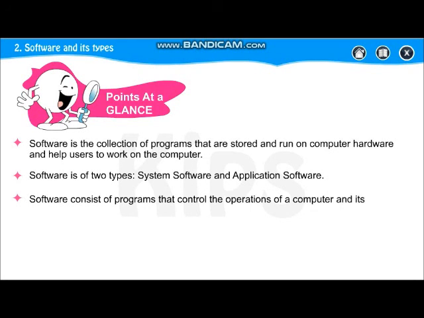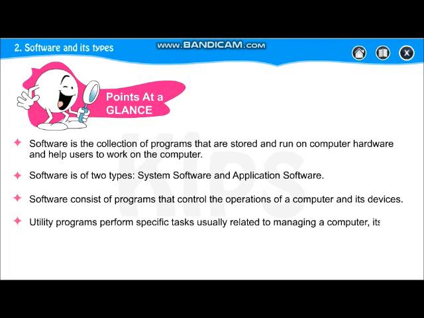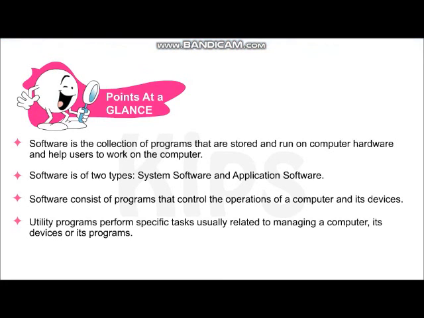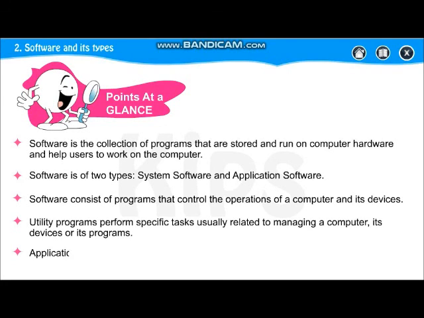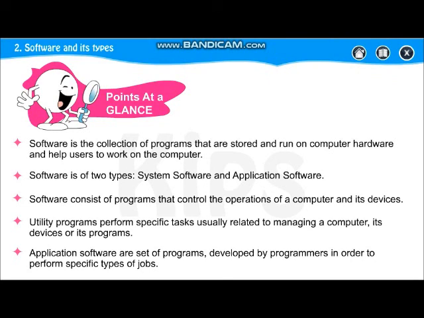System software consists of programs that control operations of the computer and its devices. Utility programs are used to perform specific tasks related to managing computers. Example is antivirus software. Application software are the set of programs developed by programmers in order to perform specific types of jobs.